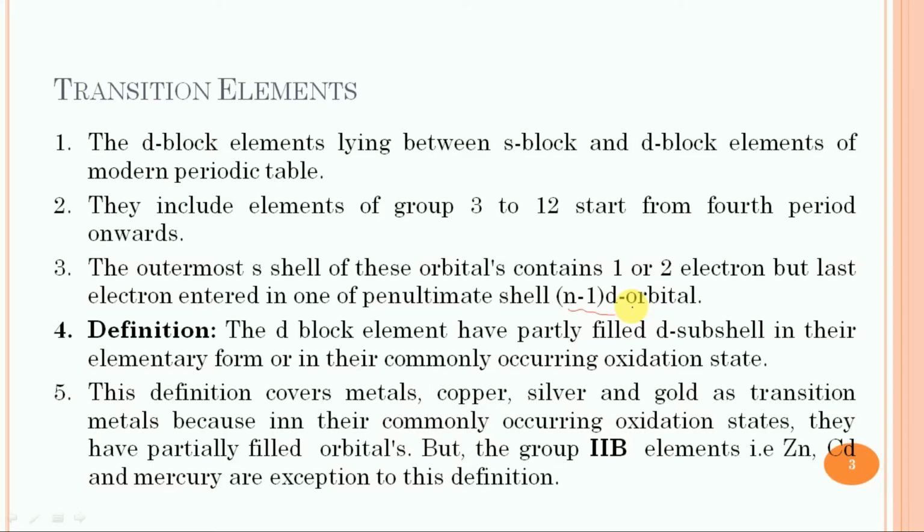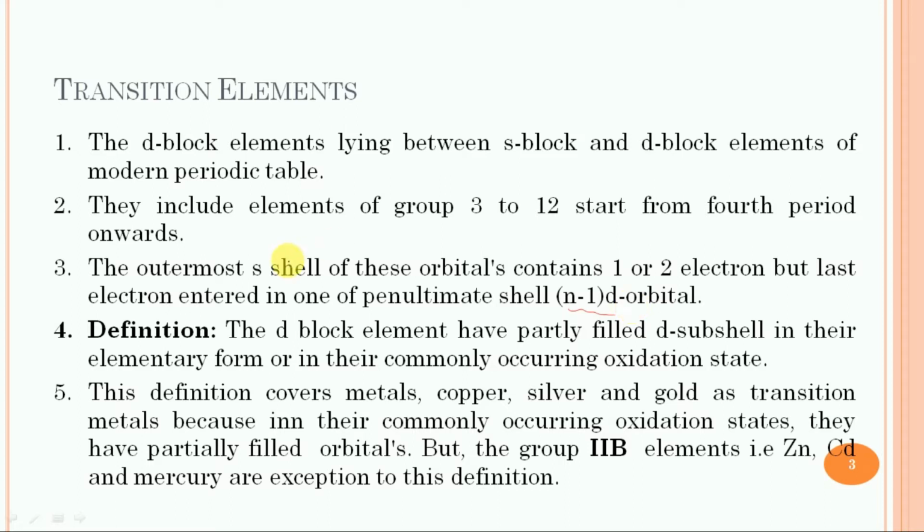So let us see the definition. The d block elements are those elements which have partly filled d subshell in their elementary form or in their commonly occurring oxidation states.